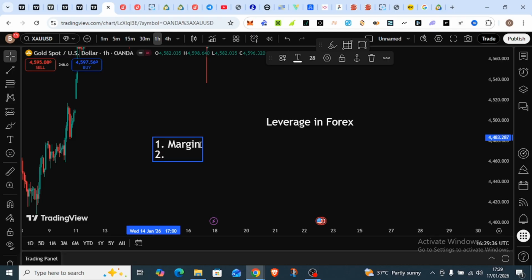Number two is liquidation. Number three is equity. Number four is margin level.